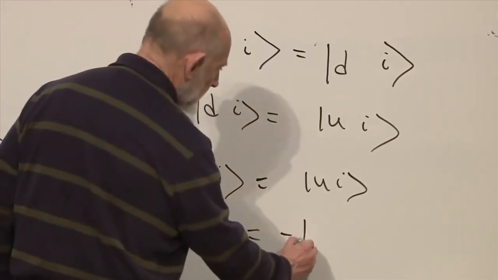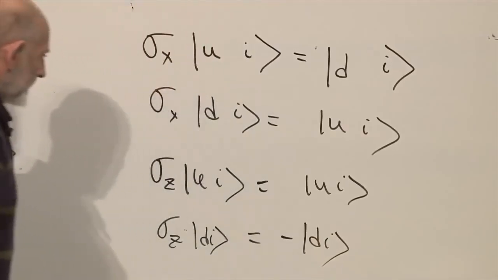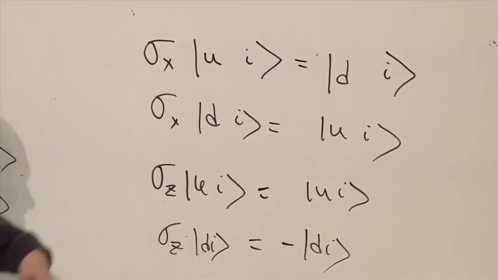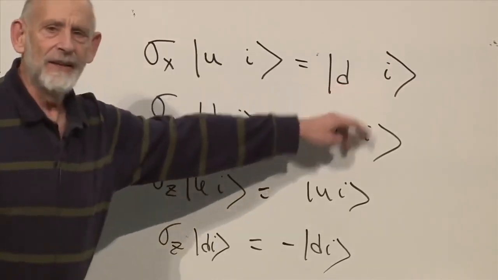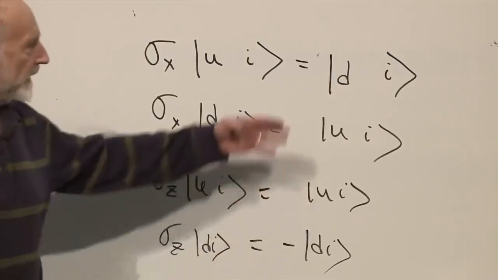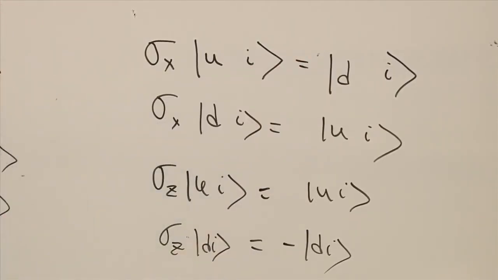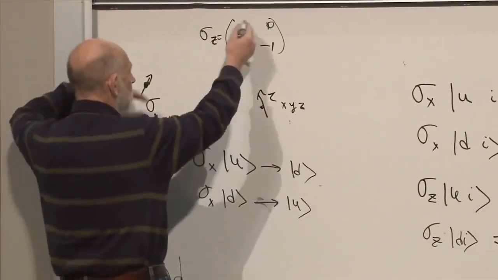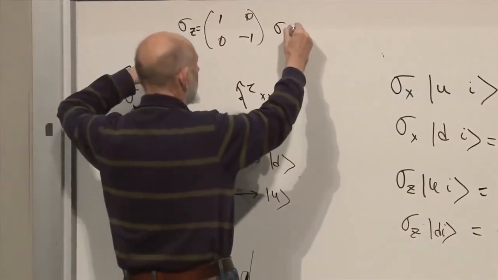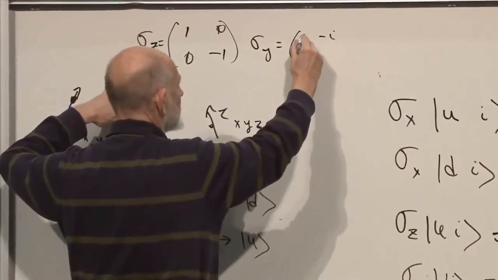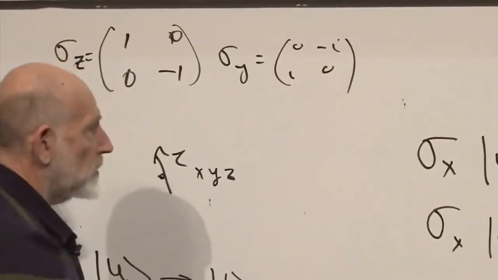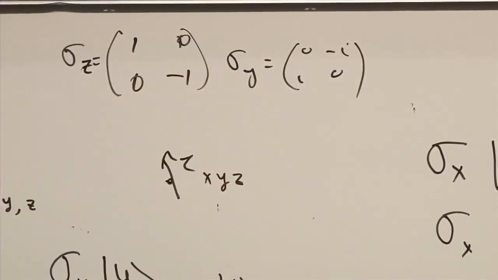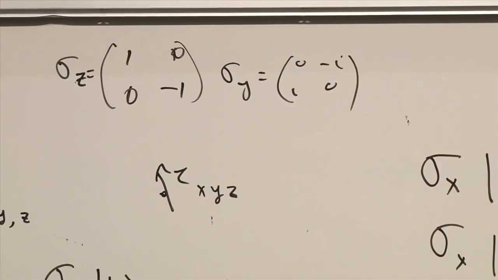So this gives minus down I. How about sigma y? Well, sigma y does something very much the same as sigma x, except it throws in an I, not this I, but the numerical complex number I. Sigma y is 0, minus I, I, 0. Sigma y also flips up to down and down to up, but it throws in a gratuitous I here and there. Okay, so that's what sigma does.